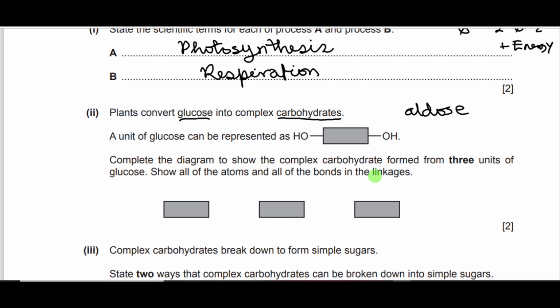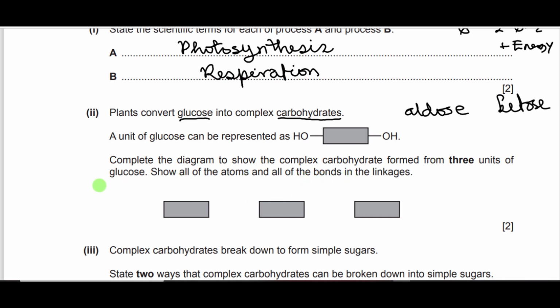The isomer of glucose, which is fructose, belongs to the ketose, that is, fructose contains the ketone functional group. So we are told to complete the diagram to show the complex carbohydrate formed from 3 units of glucose, showing all of the atoms and all of the bonds in the linkages.